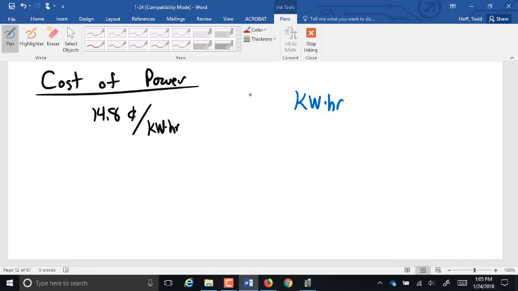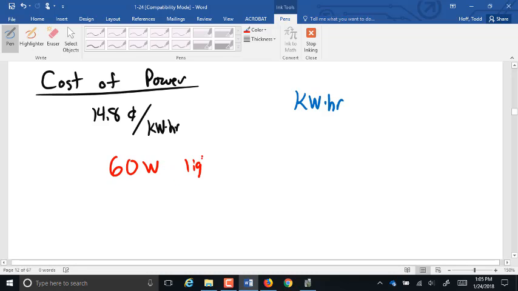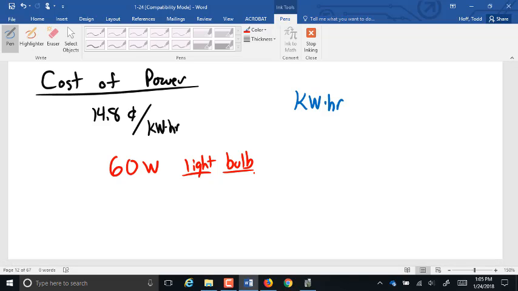So what are the kilowatt hours consumed by a light bulb? Let's say you have a 60 watt light bulb. Now let's look at your average living room light in your home. How many hours a day do you have that light on? 3 hours a day?